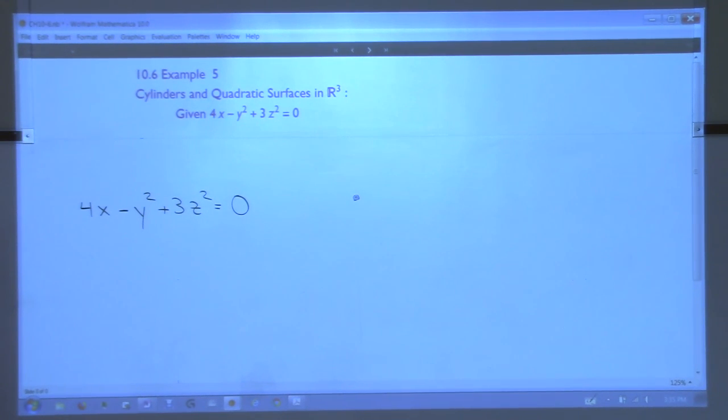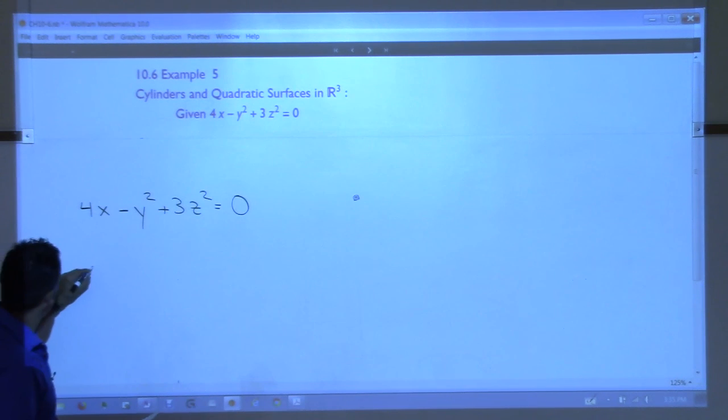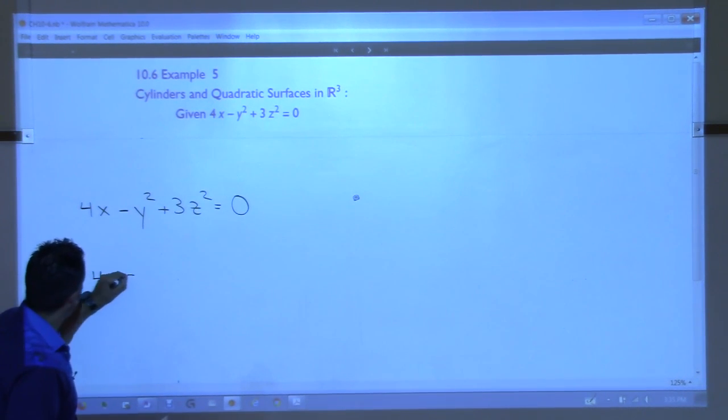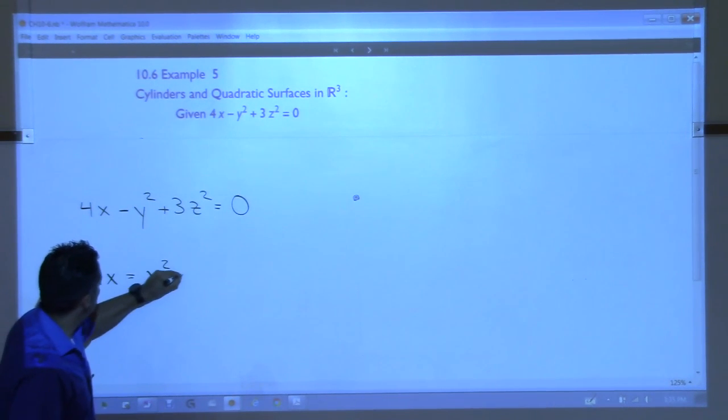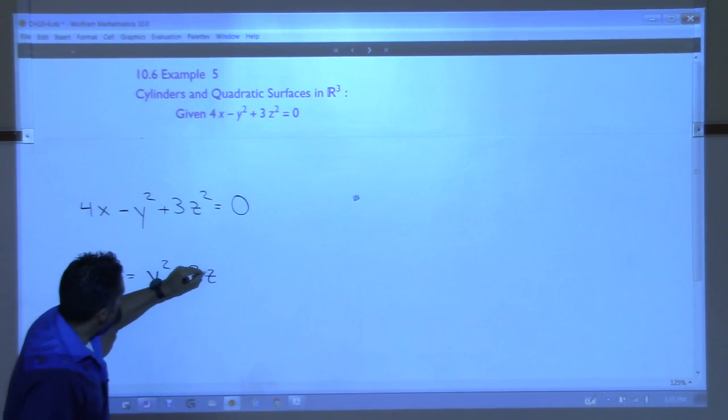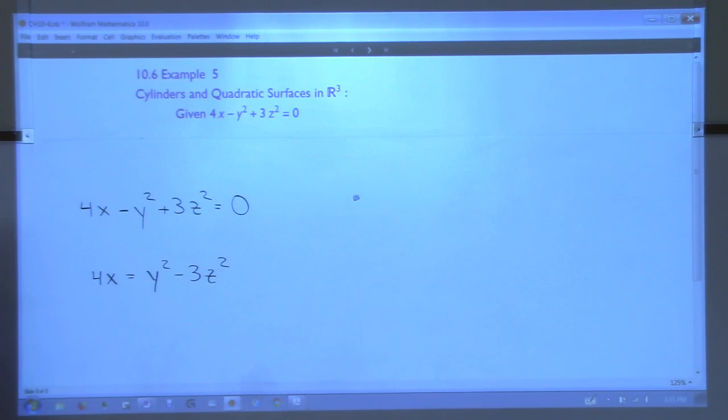We have to get it to look like this. So let's get our variable that's not squared by itself on one side of the equation, and then move the other terms over, which changes our y squared to positive, and our z squared term will become negative. So this is looking like a hyperbolic paraboloid.